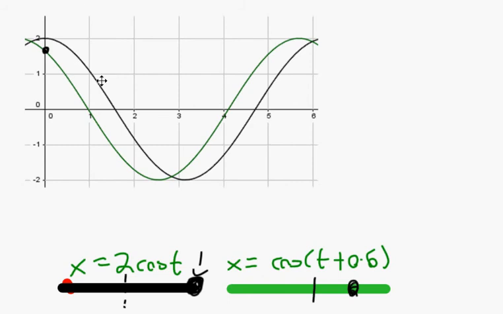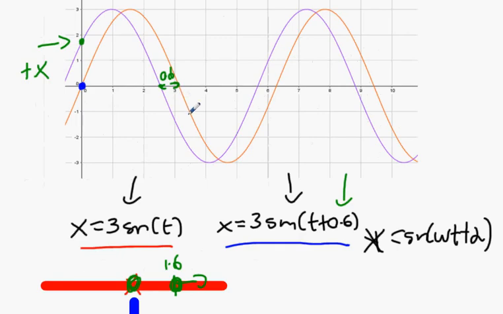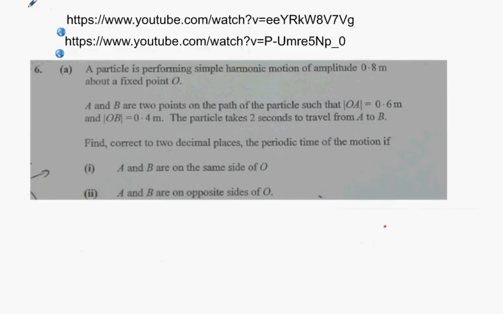Towards. So here's something very interesting for you. Cos is towards 0, and in the last question, sine was away. Sine away, cos towards. Everybody alright with that?